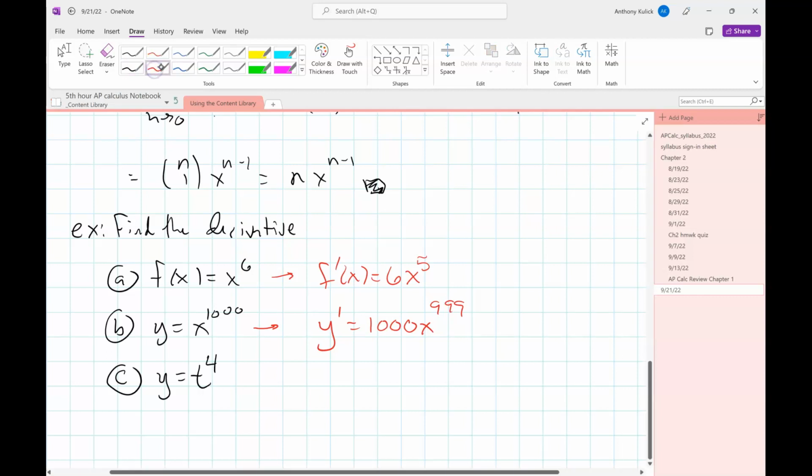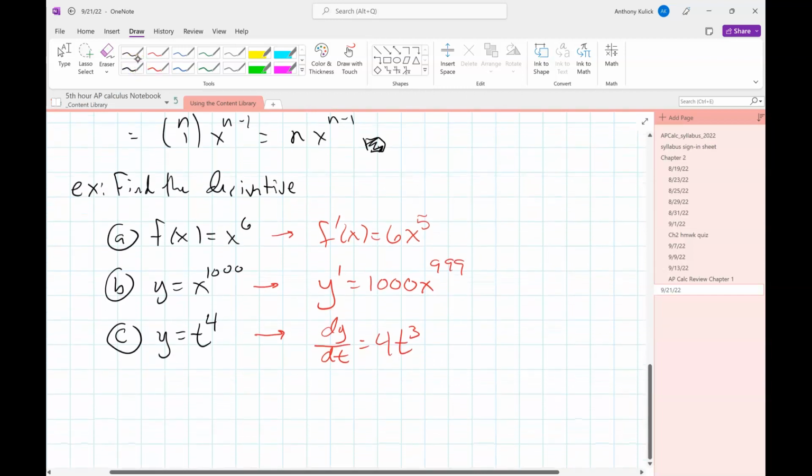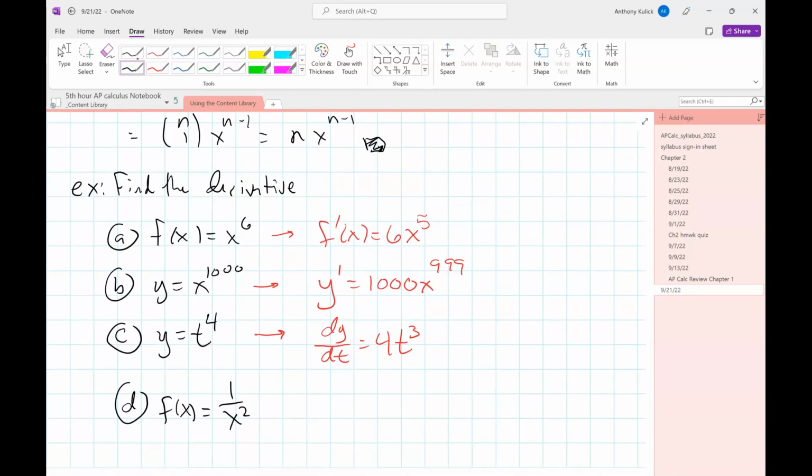How about y equals t to the fourth? I'd probably call that dy dt equals 4t to the third. All right. F of x equals 1 over x squared.